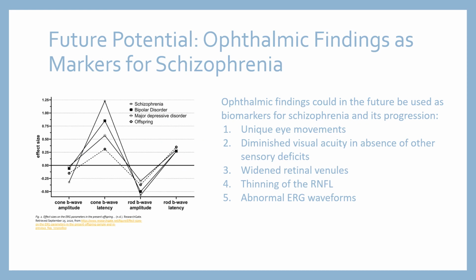Overall, the link between the eyes and schizophrenia is quite promising. When the research becomes more extensive and we get to characterize these general findings more and more, this might be a way to detect and diagnose and treat earlier some of the psychiatric disease, including schizophrenia.